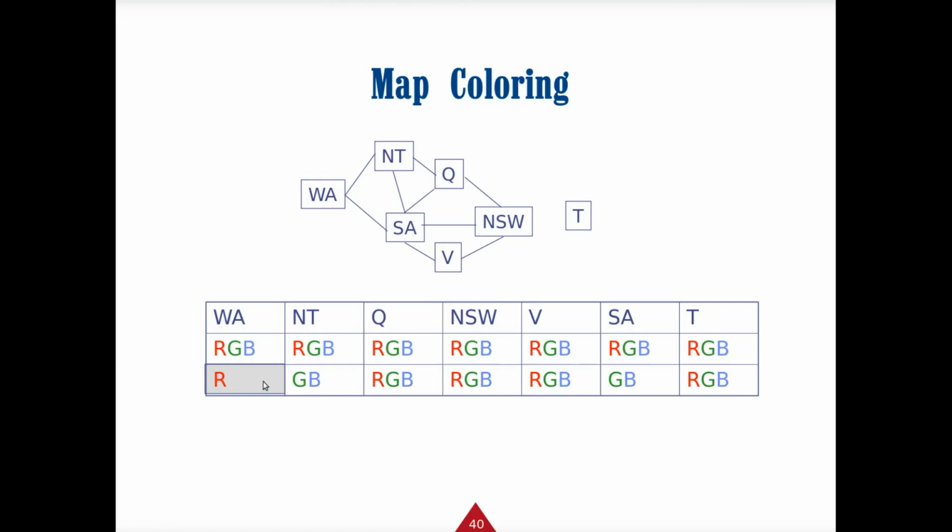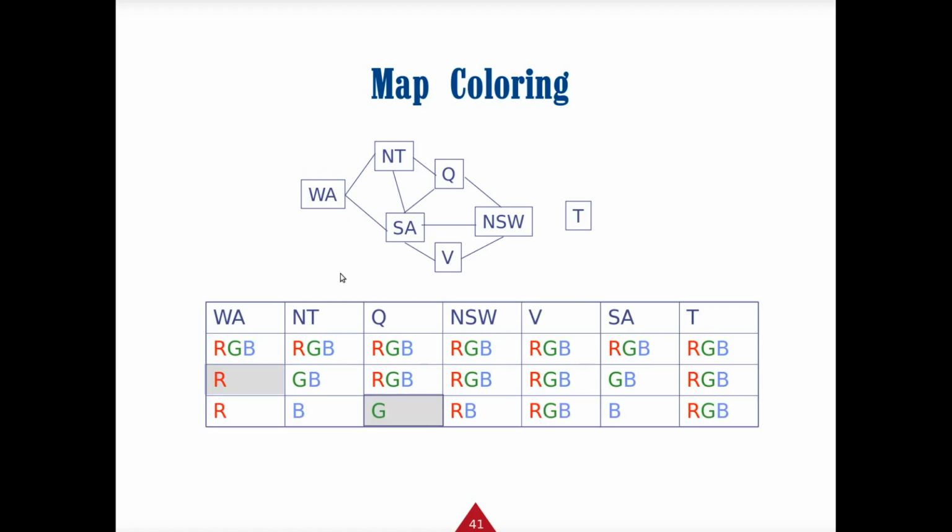Now I'm going to add B and G for NT and Q. So that means SA only has B available, as well as NSW now doesn't have green available, but since Q is attached to NSW. And so now, when I make V be blue, SA has no valid options.